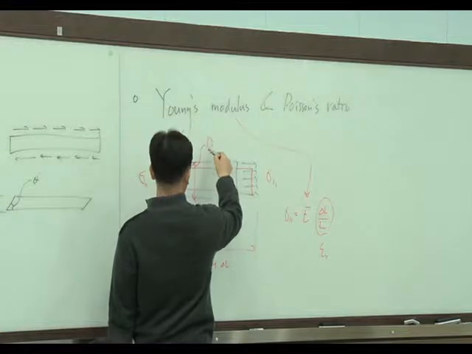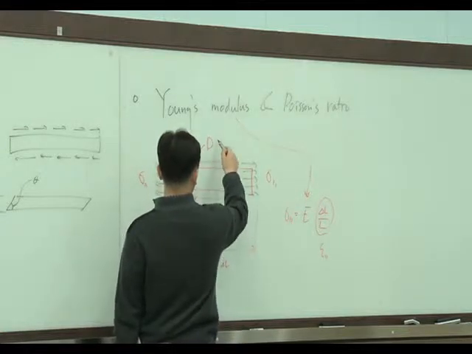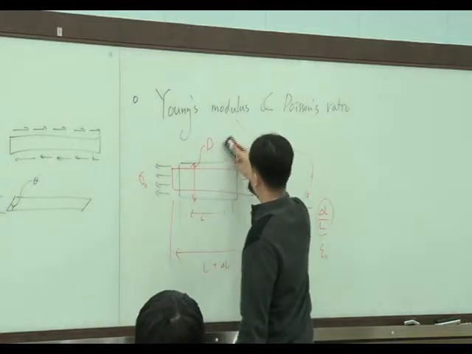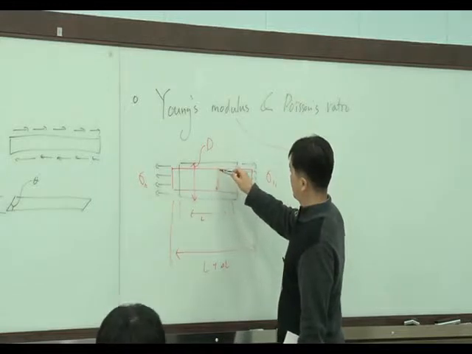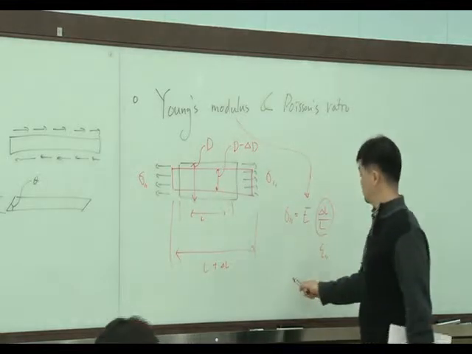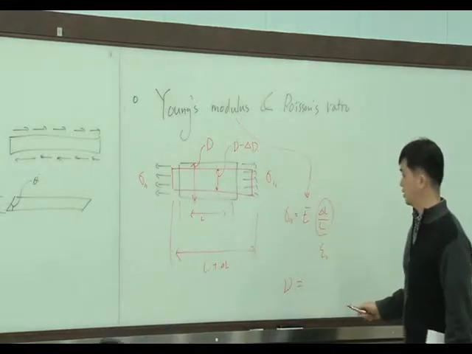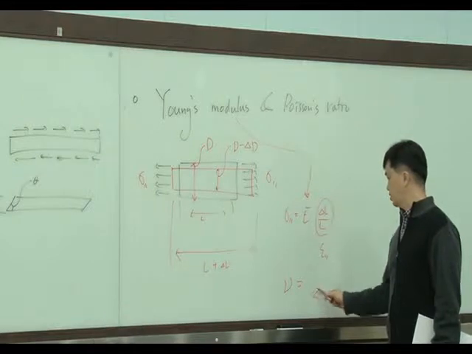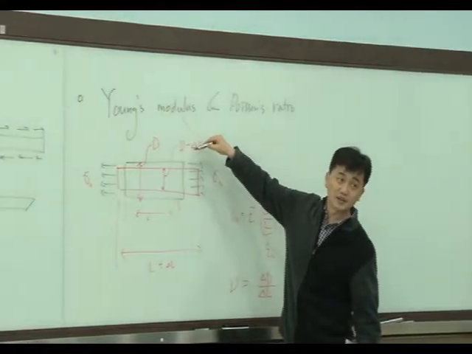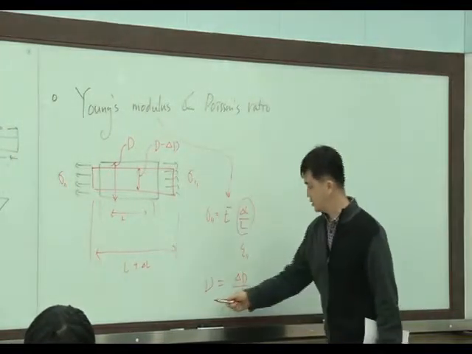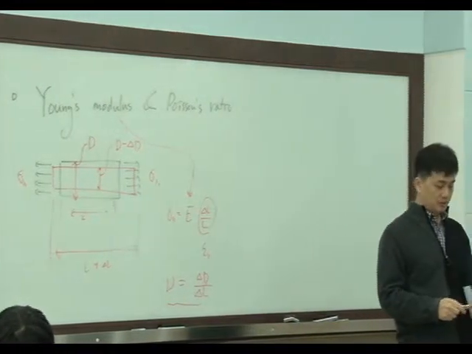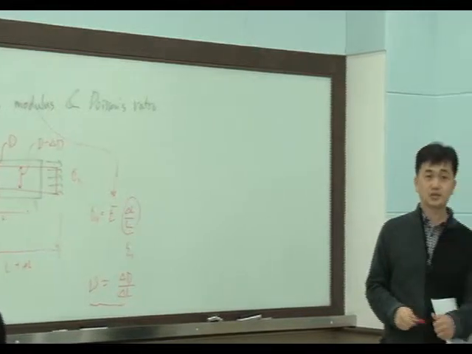Let's say this is D, and D minus delta D. Originally D width, and this is D minus delta D. So Poisson ratio is defined by delta L over delta D. So here I have a minus, right? You should remember. So this is the Poisson ratio. From this simple one-dimensional experiment, we can calculate the Poisson ratio.